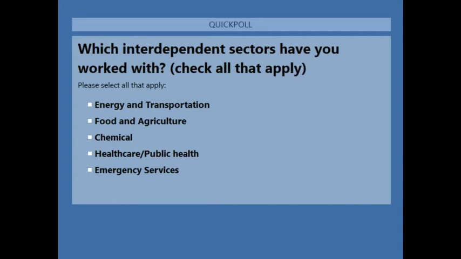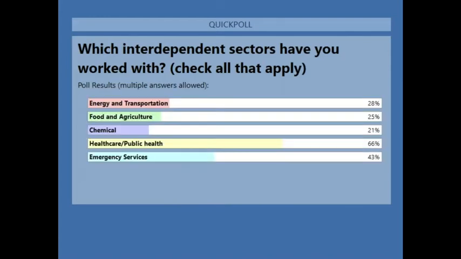It could be a few more moments to respond. And here are the results of that poll. So it looks like the majority are from healthcare and public health.